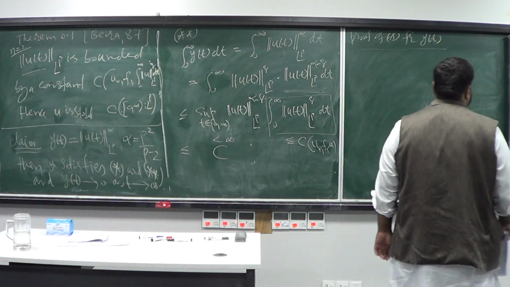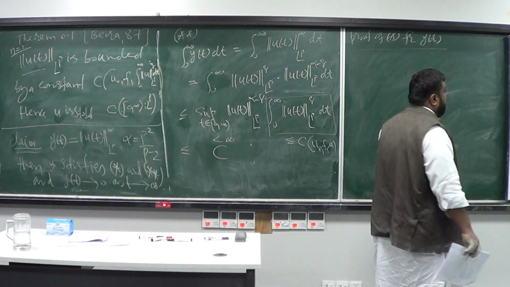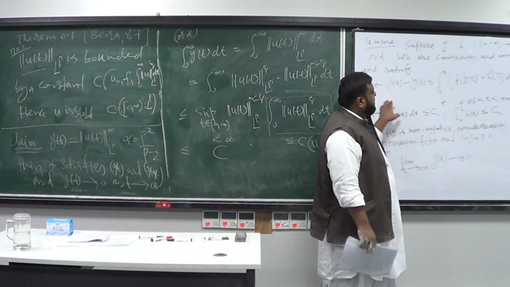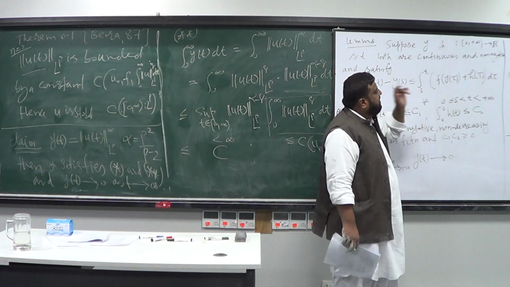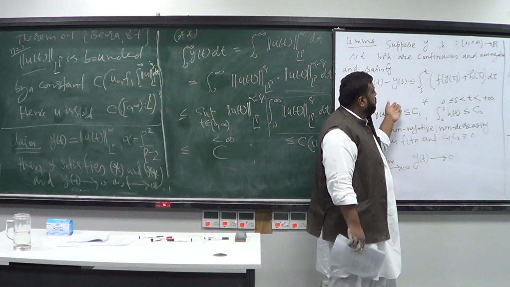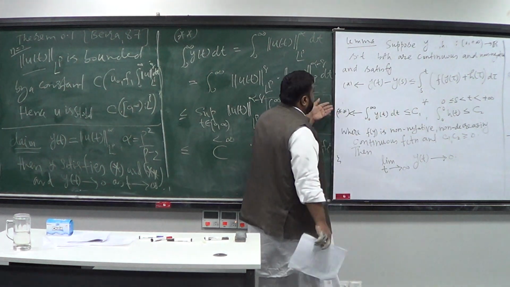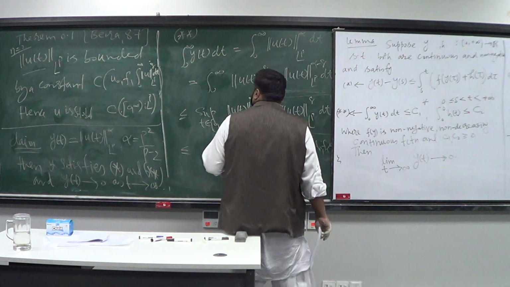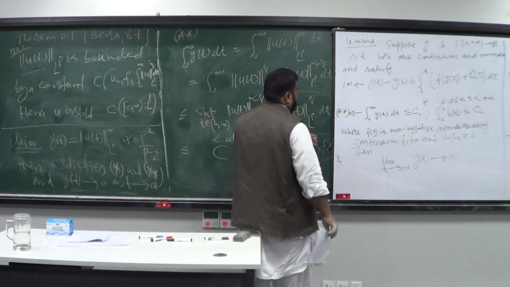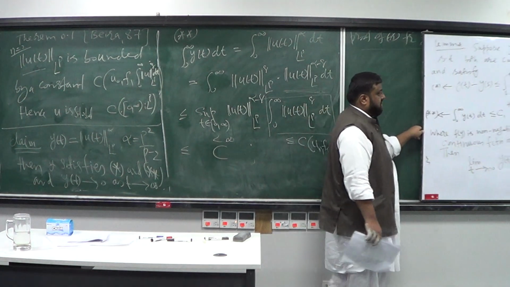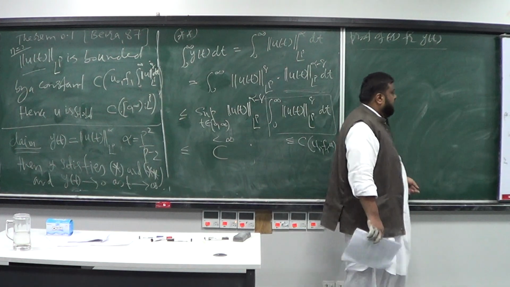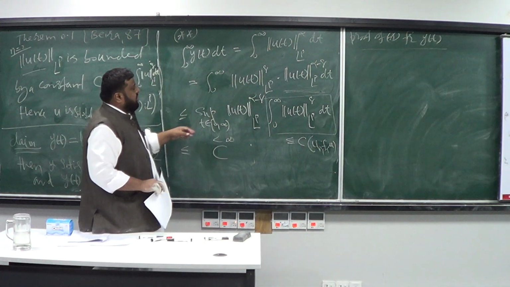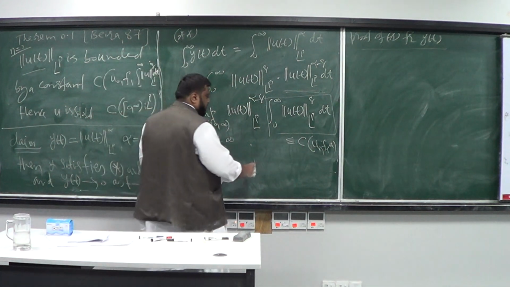So the trick to show this inequality is that first I'm going to show that this inequality is true for what you call the approximate solution. In other words, such an inequality is true for the approximation of the u.